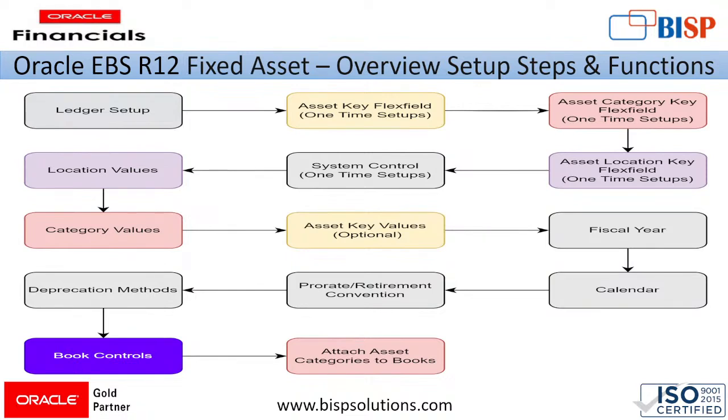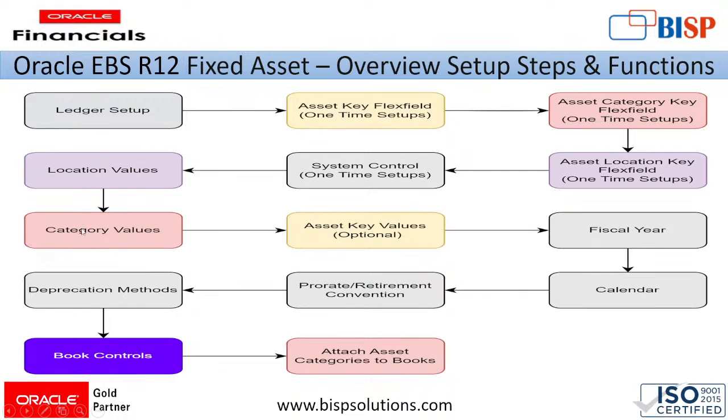Then we put location values, category values, and asset key values. Two are mandatory, that is category value and location, right? So I have given a certain colorization so that you can easily understand.